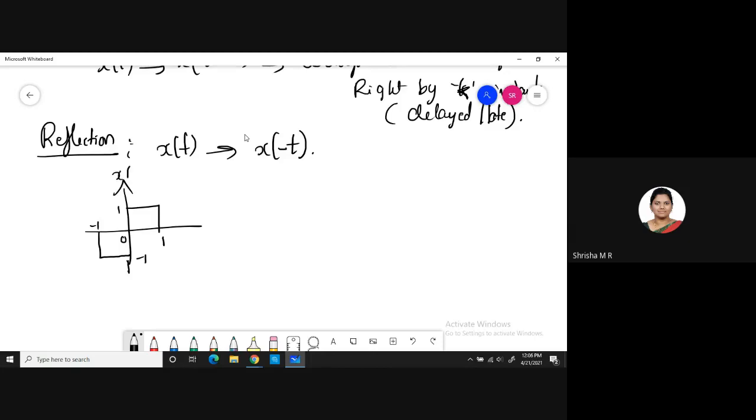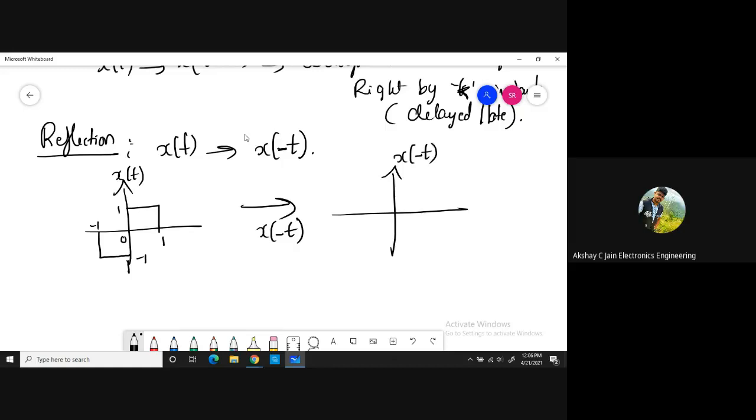This is my x of t. So what is the reflection of this, x of minus t? I'm multiplying the time instant with a negative sign in time reflection.